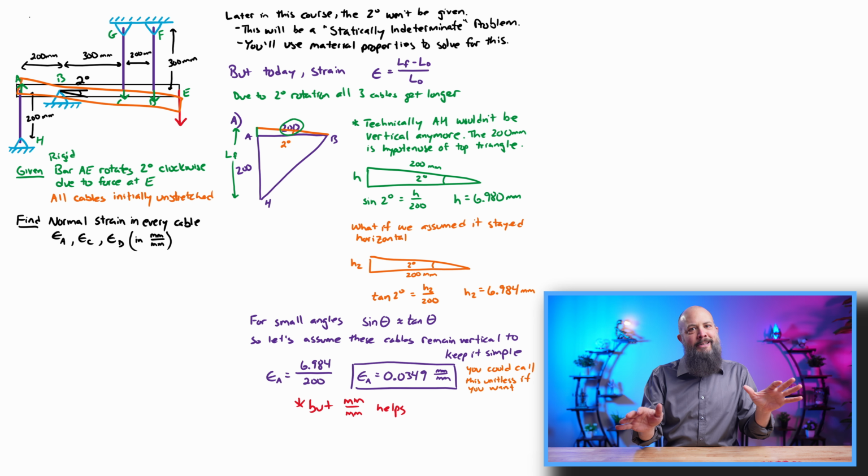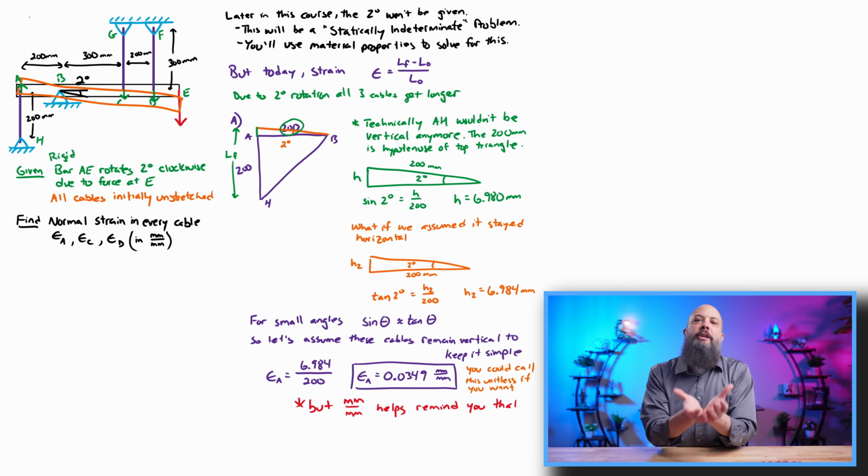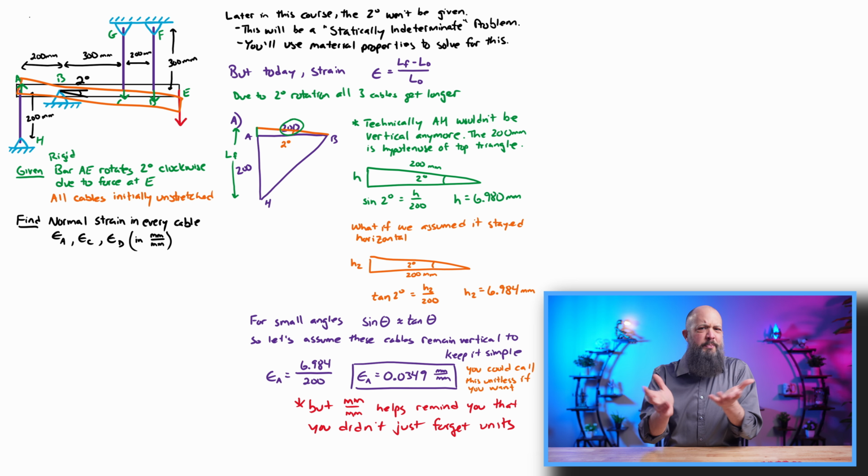Even though it can cancel, you are allowed to keep distance over distance, like inches per inch. And I recommend that you should do this because it will help to remind you that you didn't just forget to include the units. So you are intentionally including them. And it also potentially makes sure you haven't made any unit mistakes.